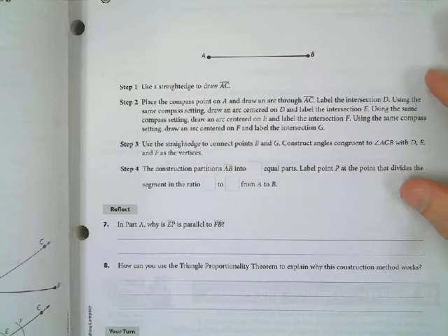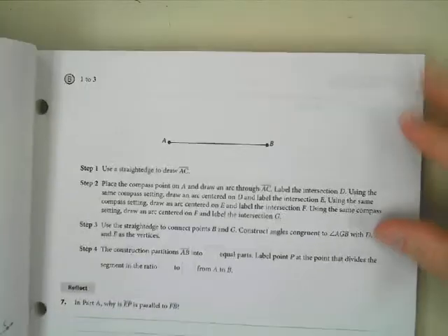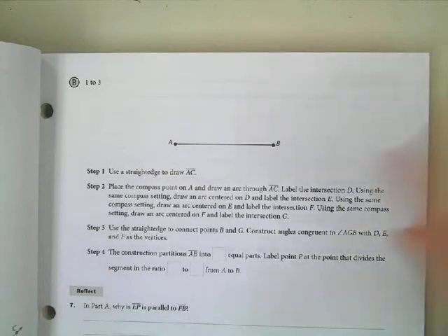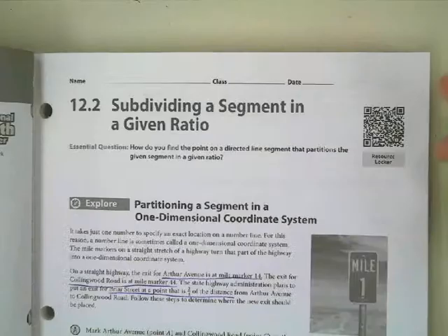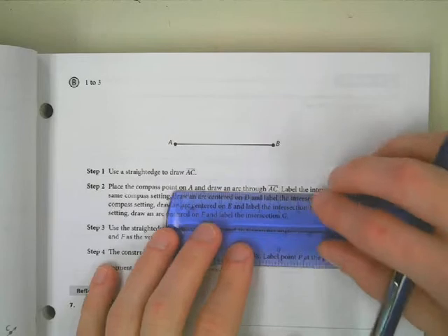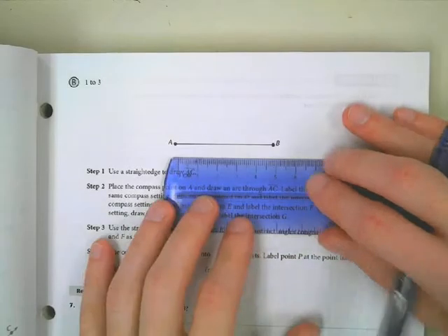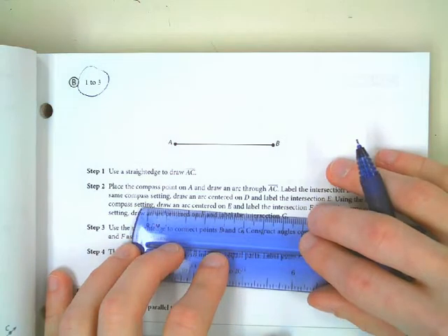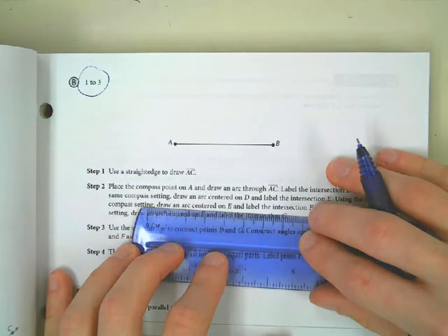You notice here there's no coordinates, so we can't use the run thing like we did before, which some of you might be like, thank God. But what we can do is what I just showed you. For example, if I want to find the ratio of 1 to 3, I'm going to find point P that divides this in 1 to 3. So 1 part over here, 3 parts over here.